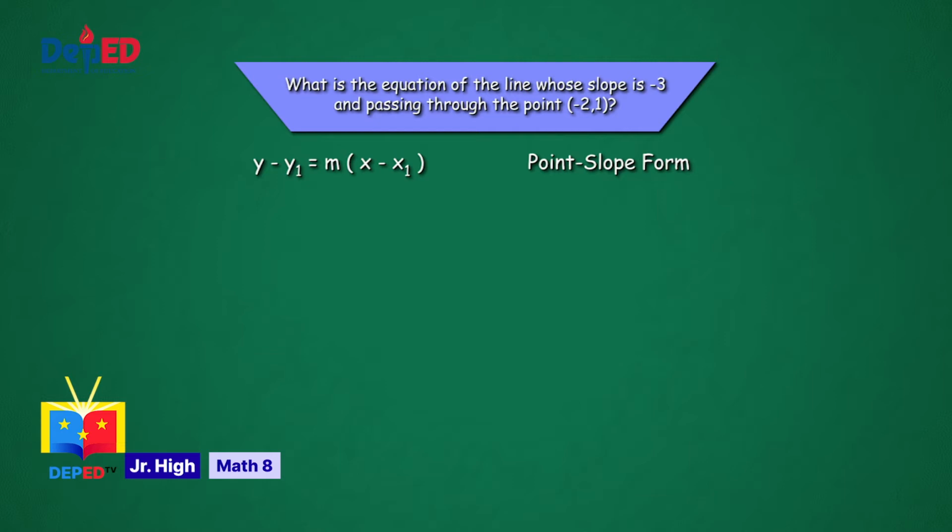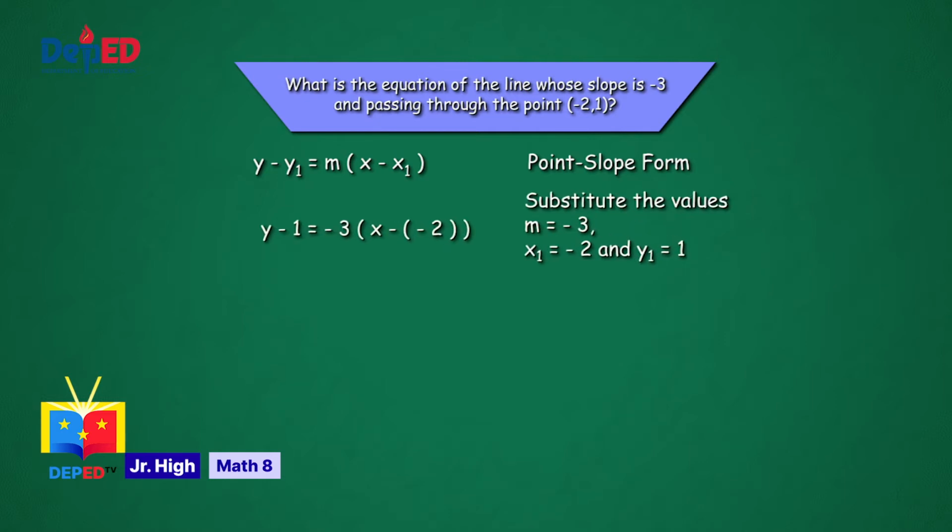In this case, x sub 1 is negative 2 and y sub 1 is positive 1. Substituting the values to their respective variables, we have y minus 1 equals negative 3 times the quantity x minus negative 2.